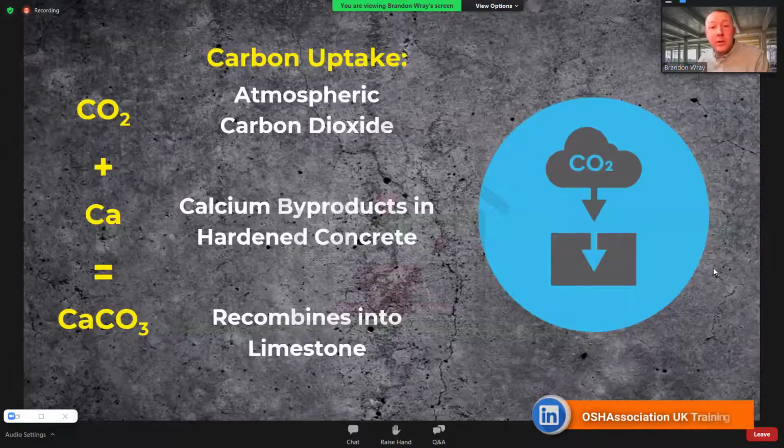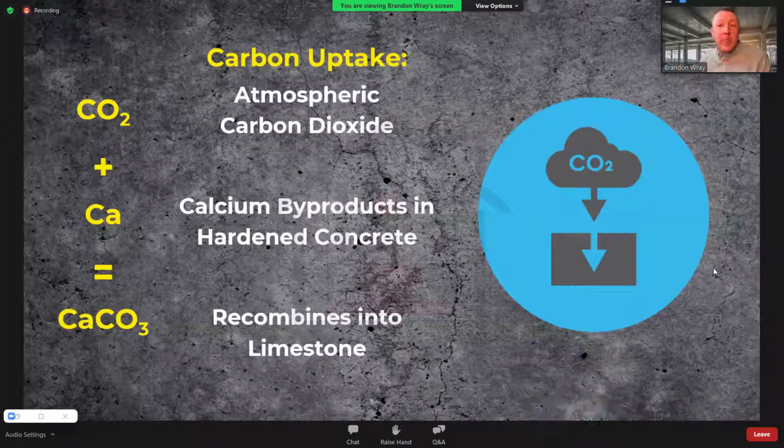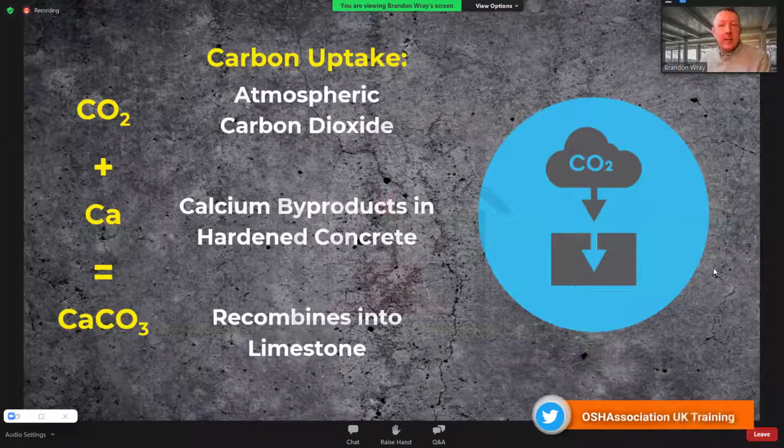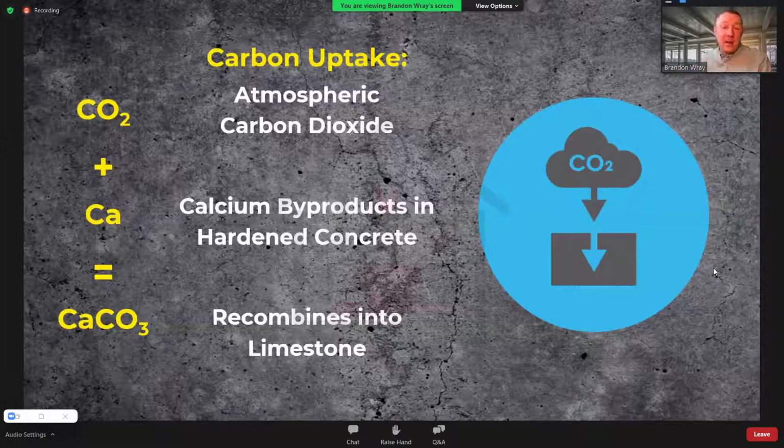As previously mentioned, during cement manufacturing, limestone, which in its chemical form is calcium carbonate, is heated to the point that it is broken down into such things as CO2, which is kind of the main ingredient within cement. Carbonation is essentially this process in reverse, where basically it is how limestone was originally.